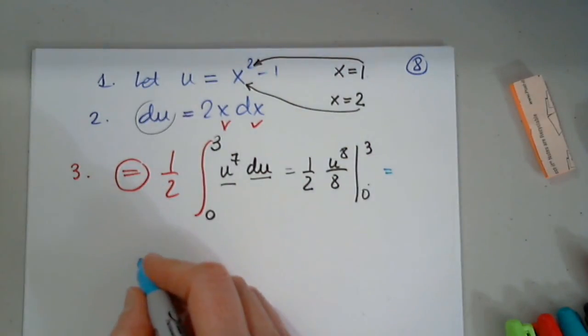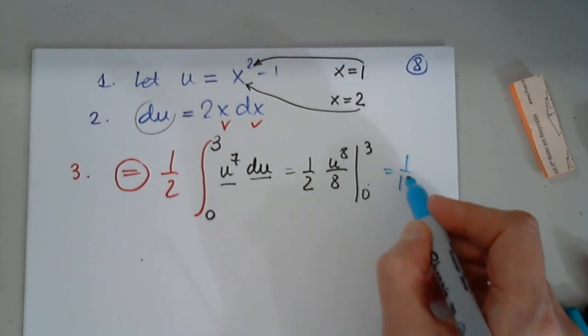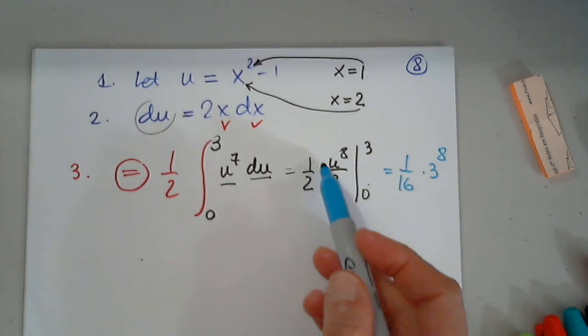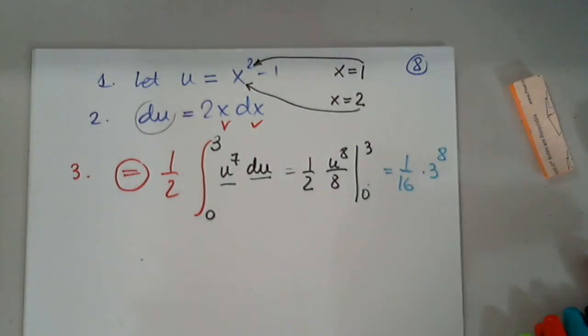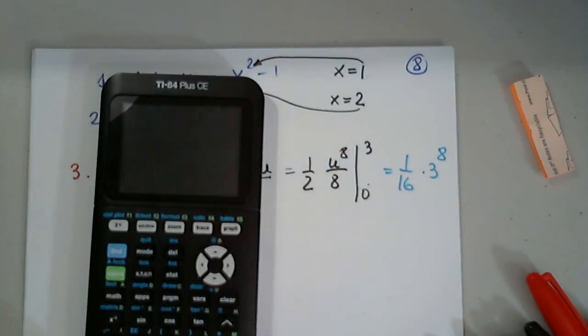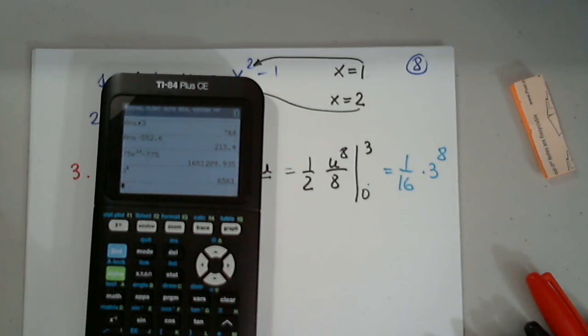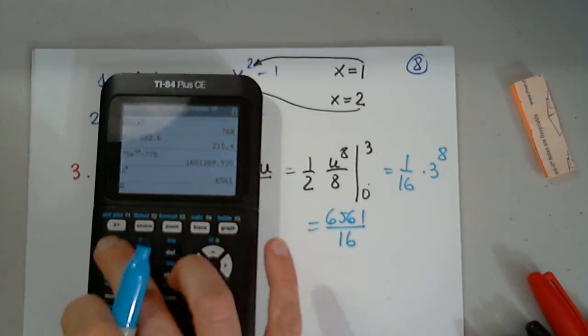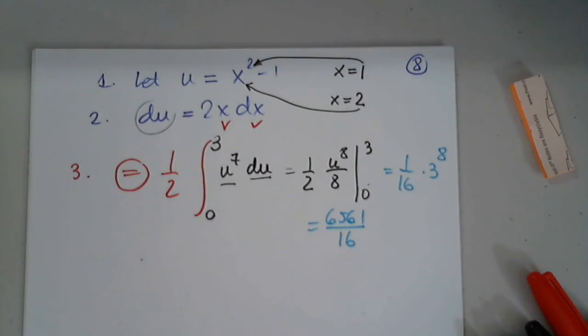So this will be 1 over 16 times 3 to the 8th power. And when I plug in 0, nothing happens. So what do I get? 3 to the 8th power. So this is 6561 divided by 16.